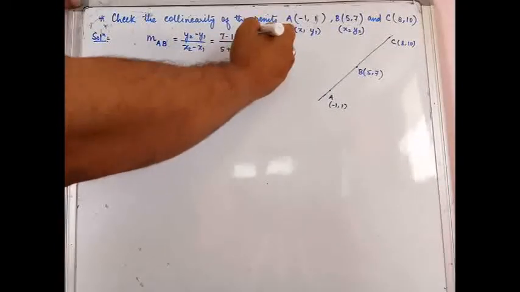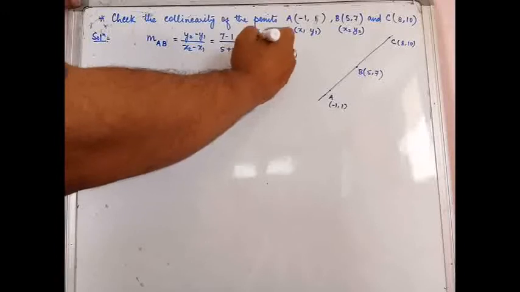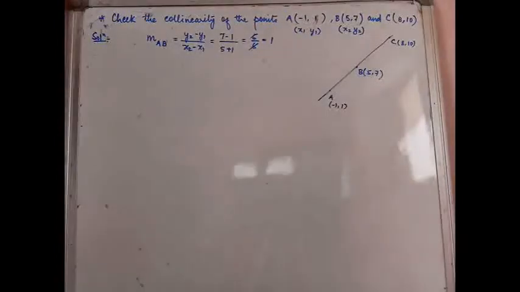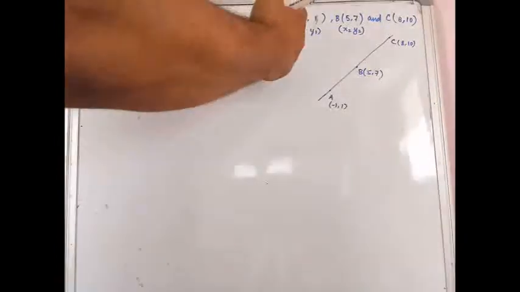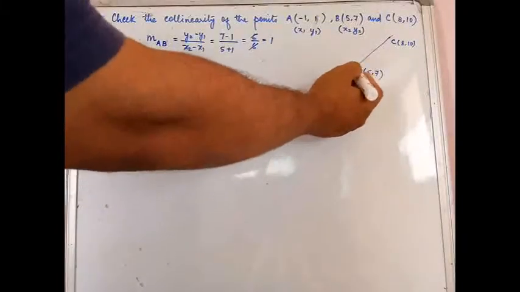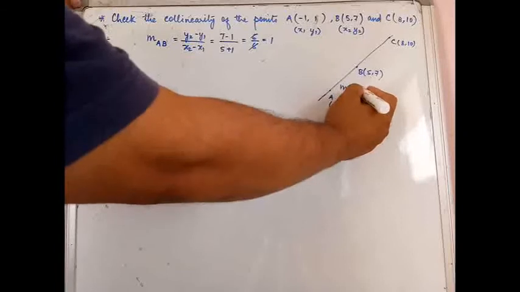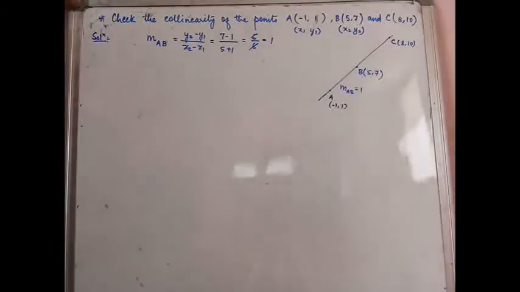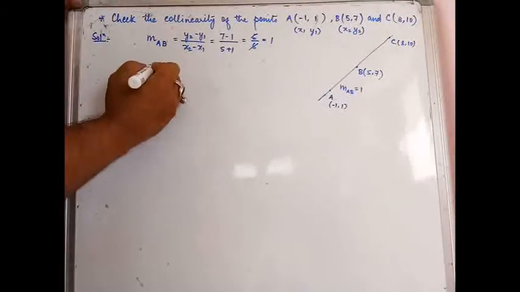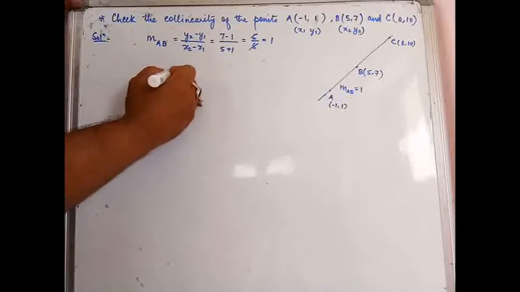So you get 7 minus 1 is 6, 5 plus 1 is 6, so you get a slope as 1. So the slope of AB has come out to be 1.